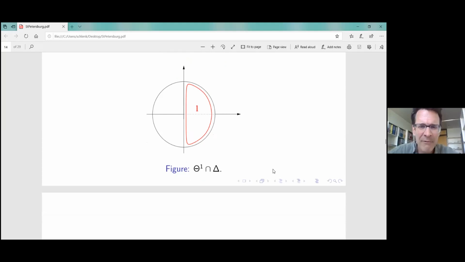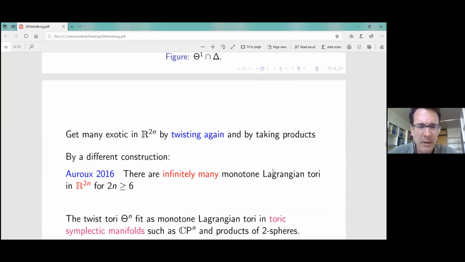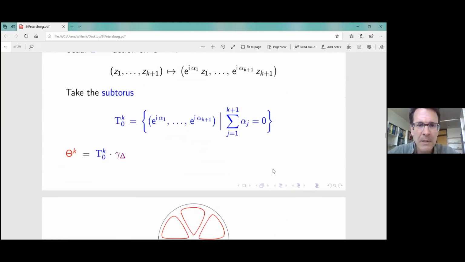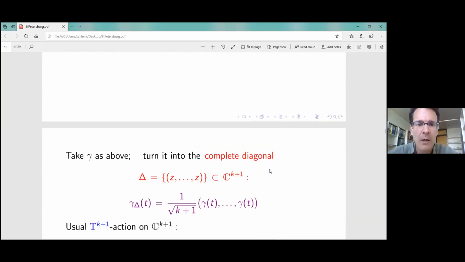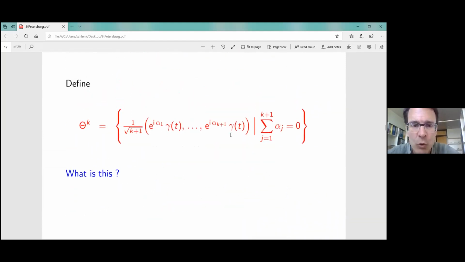Maybe I will write this down again later. So maybe specialize this formula to k equal to 1. So you just get this factor 1 over root 2 that you should forget, and you get e^(iα)γ(t), e^(-iα)γ(t), where α runs through the circle. But the γ(t) is in the total diagonal.